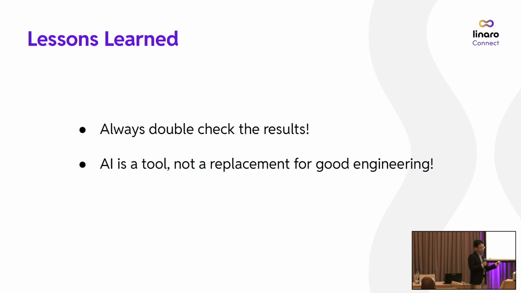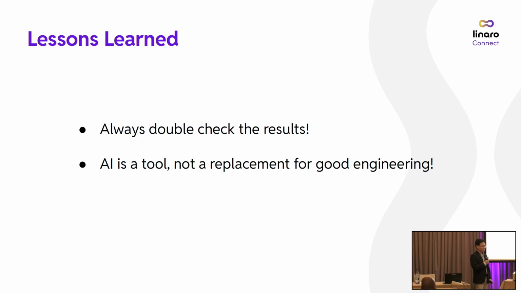These things are statistical. They are not to be trusted all the time. So you always have to have a skilled engineer to double check the results, because these things do hallucinate. Sometimes it points to completely wrong commits, but an experienced engineer can see, oh, that's correct or that's wrong.